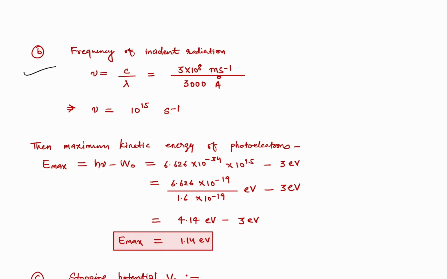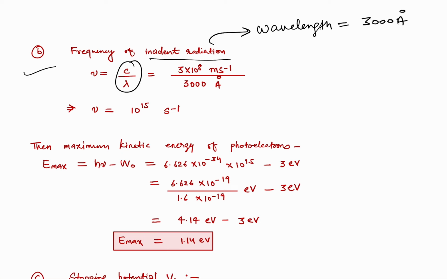Now frequency of the incident radiation would be simply c upon lambda, and we have wavelength of incident radiation already, which is 3000 angstrom. So we followed simply the formula, and we got frequency to be 10 to the power 15 per second or hertz.